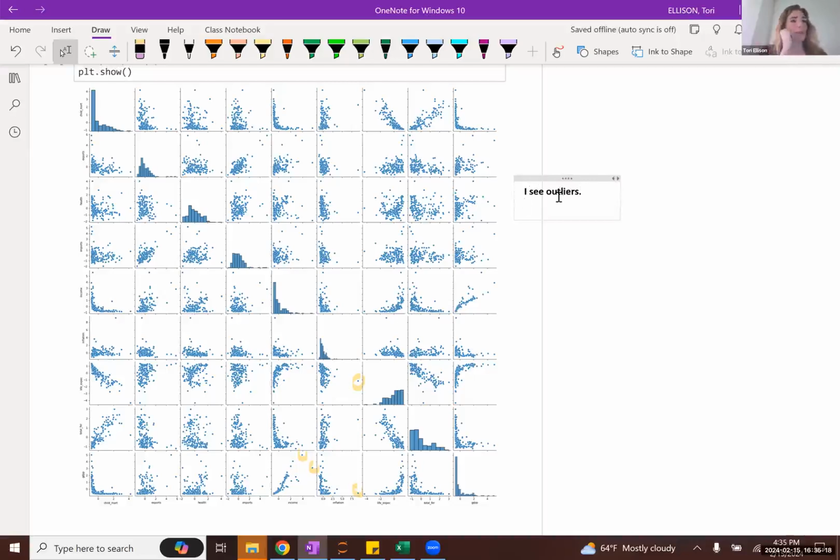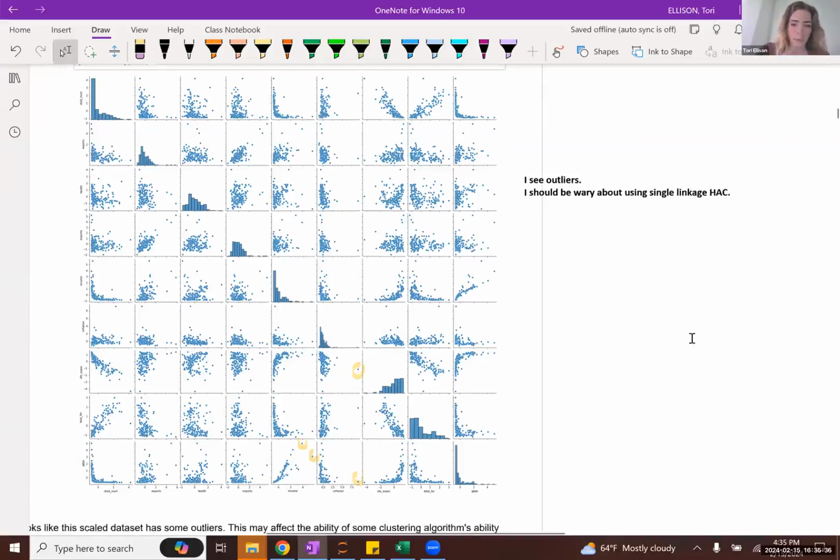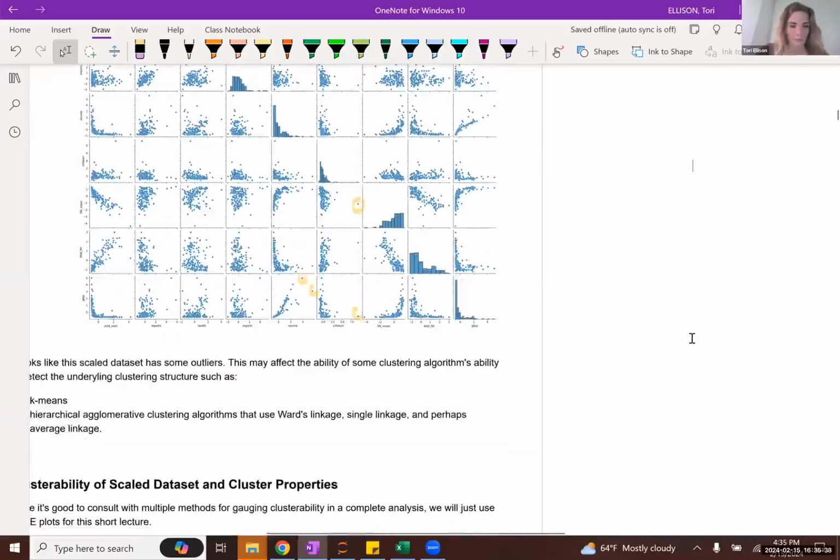Which one of my algorithms did I say is sensitive to noise and outliers? Yeah, so I should be wary about using single linkage. All right, but let's actually test that. We want to be on the lookout for that based on what we've seen.